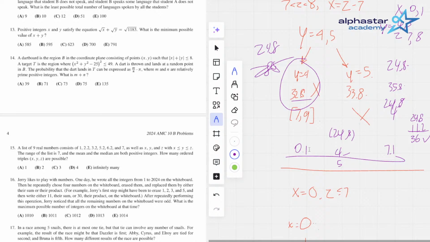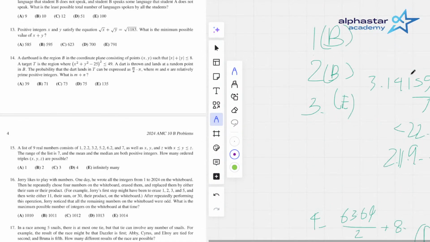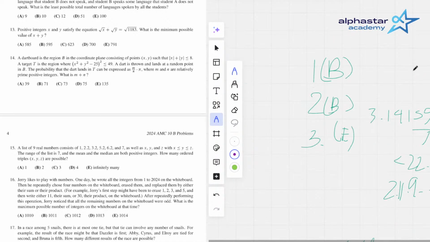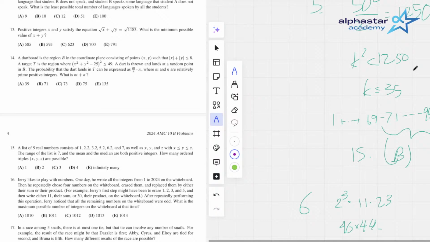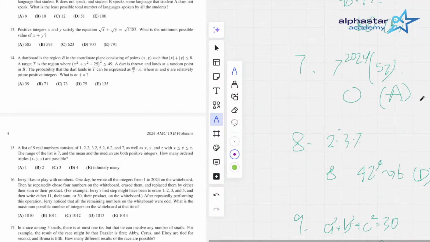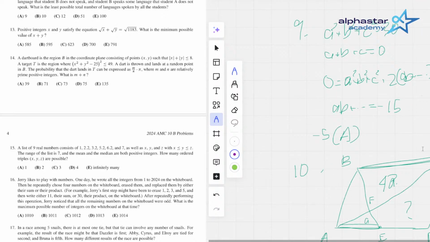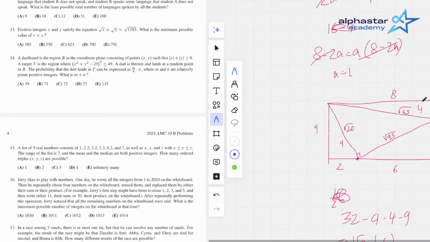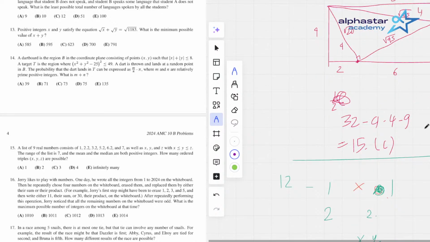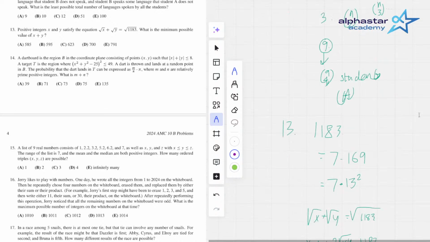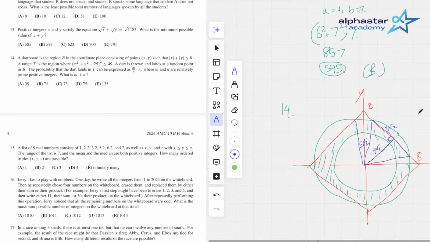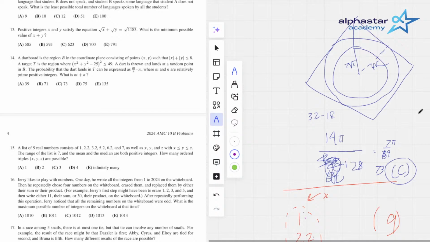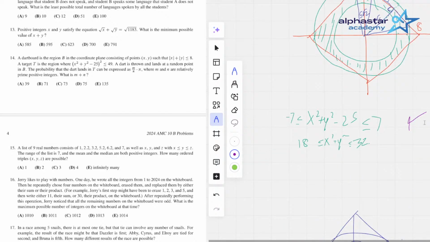Let us take a look at the answer key. B, B, E, D, B, B, A, D, A, A, C, A, B, B. Oh, what's happening here?